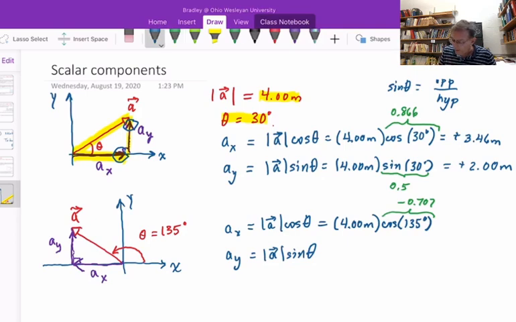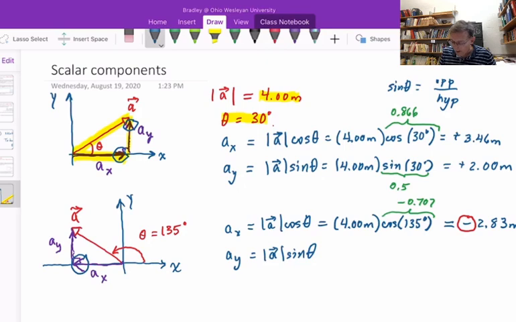You multiply negative 0.707 by 4 meters, and you get negative 2.83 meters. You have a negative x component. That, in fact, is consistent with this arrowhead on A_x, yes? Because it points in the negative x direction. This negative sign right here on the x component is absolutely vital. And if not included, will give incorrect answers everywhere else in the problem. It's really important that you understand that.